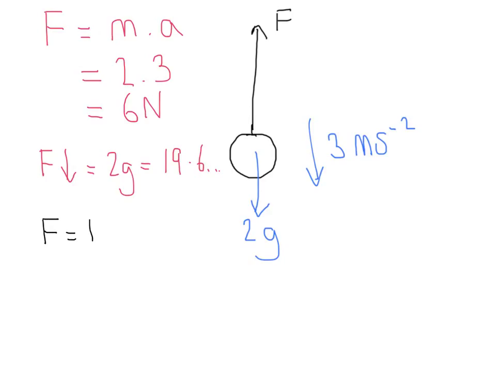So F is going to be 19.6 minus the resultant force you need, because it has to supply a difference to prevent it accelerating more. So that's going to be 13.6, but obviously the information in the question only gave us one sig fig, so it would be ridiculous to give 3 sig figs in an answer. So I'm just going to give 2. So that would be 14 newtons, which compared to the last example was quite a bit smaller. But again, it's still a reasonable force you have to apply.